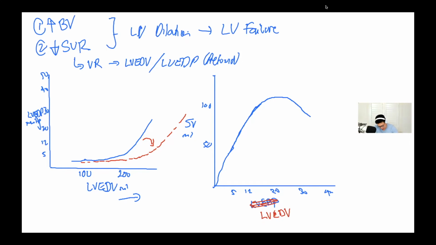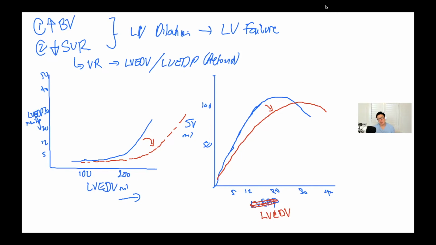You would see the curve move down this way. So that for a given volume, you're able to still maintain your stroke volume. And that is the function of eccentric hypertrophy.